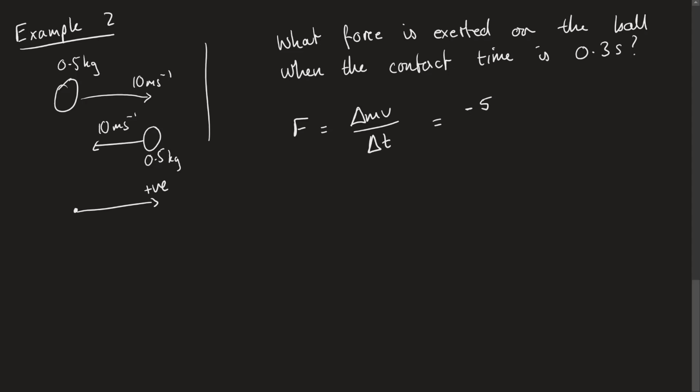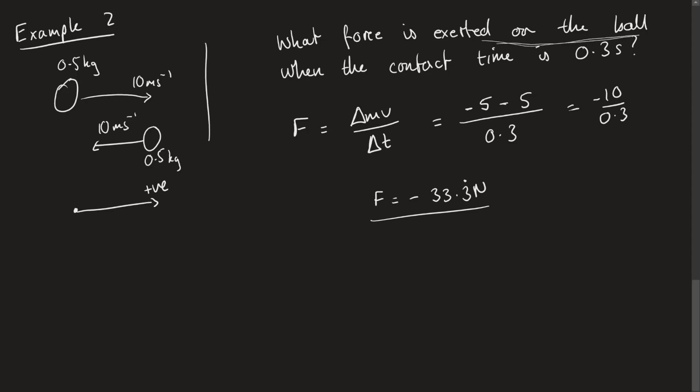And my initial momentum, so it's final minus initial, so now I have to minus my initial momentum, which was also 5 but positive, divided by 0.3. So this is equal to minus 10 divided by 0.3, which will give you a force of minus 33.3 recurring newtons.